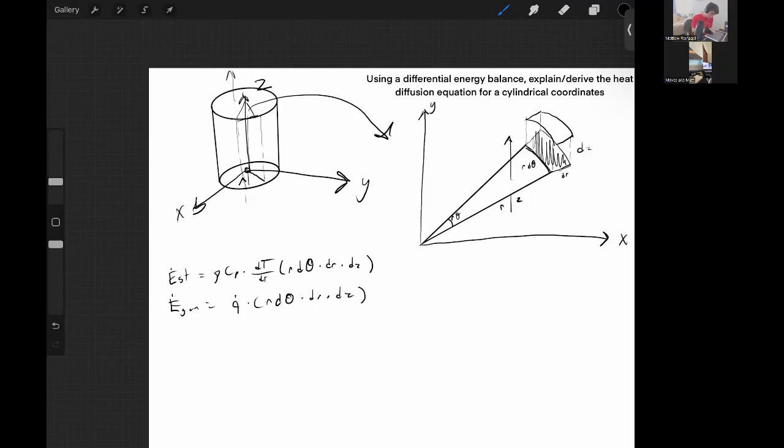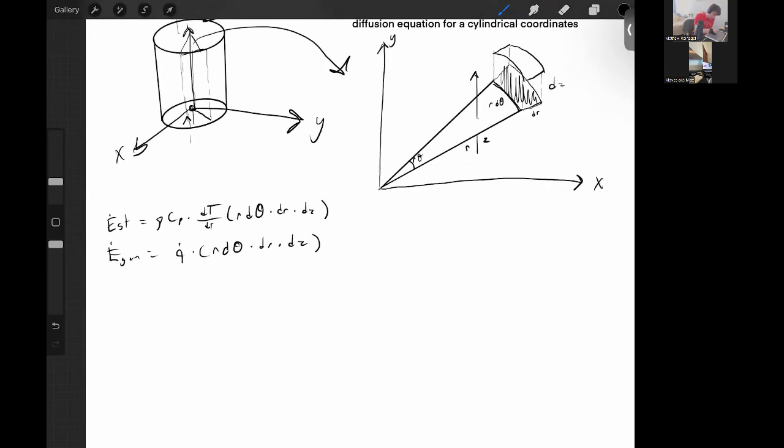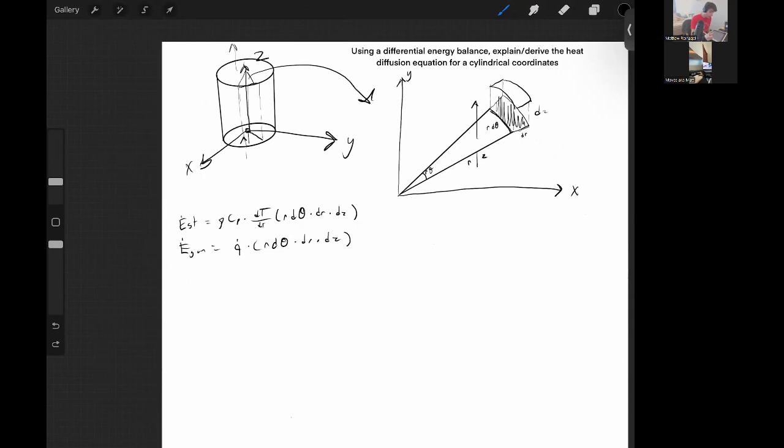So something I want to note here is that when we start looking for the net heat flow of this, we're going to try to find this term, the d of theta, d of r, and d of z, to have like terms across all of our equations. So I just want to save that in our pocket for now as something that we need to understand to intuitively break down what this heat diffusion equation is going to look like.